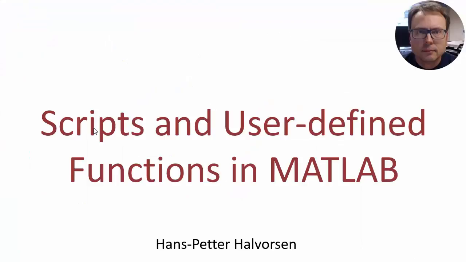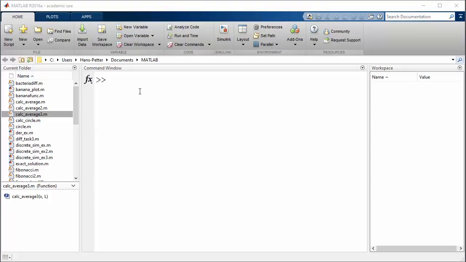Next, I want to give an overview of the scripts and user-defined functions in MATLAB. So let's start with script. So a script is, as mentioned earlier, just a bunch of MATLAB commands that we write using the script editor.